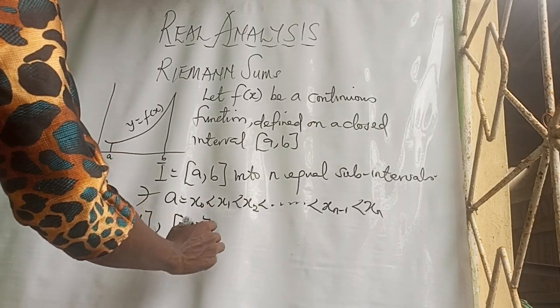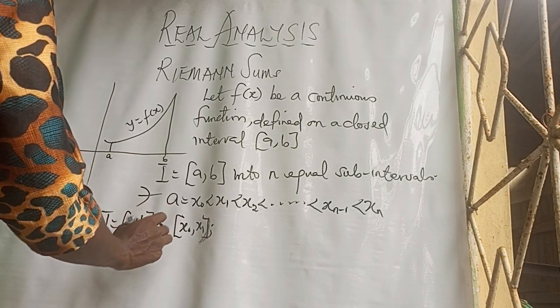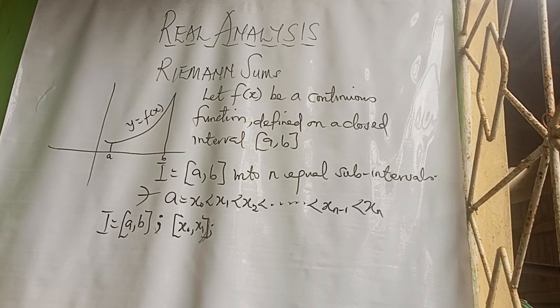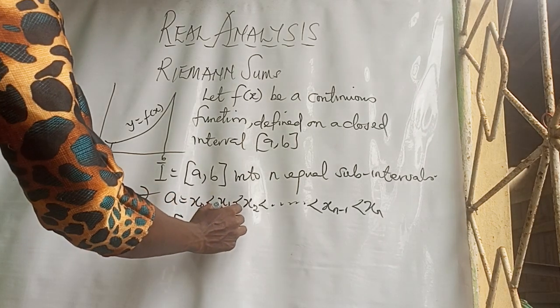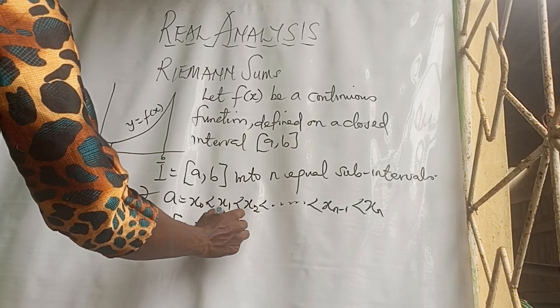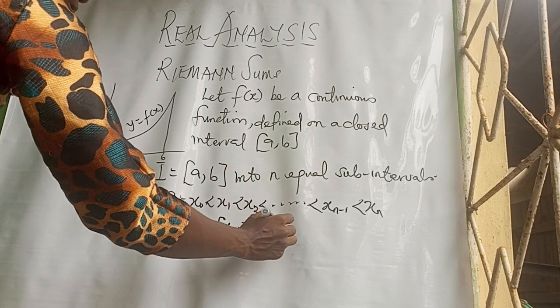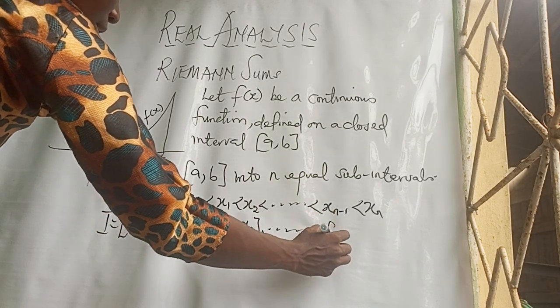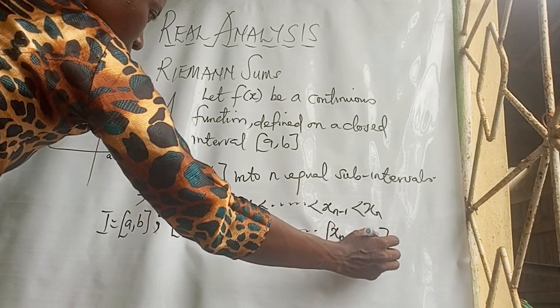Let's be guided that these intervals are closed and bounded, just as our interval AB. We have n subintervals, x1, x2, down to the last subinterval, x sub n minus 1, xn.